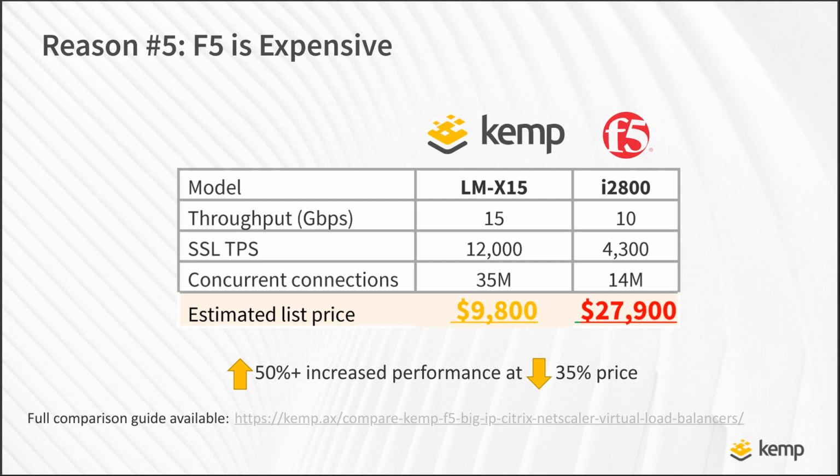So we are getting a 50% increased performance, 15 gigs throughput versus 10. And it's 35% of the price. So almost 1/3 of the price, or a 2/3 discount, versus the F5 solution for a similar functionality.